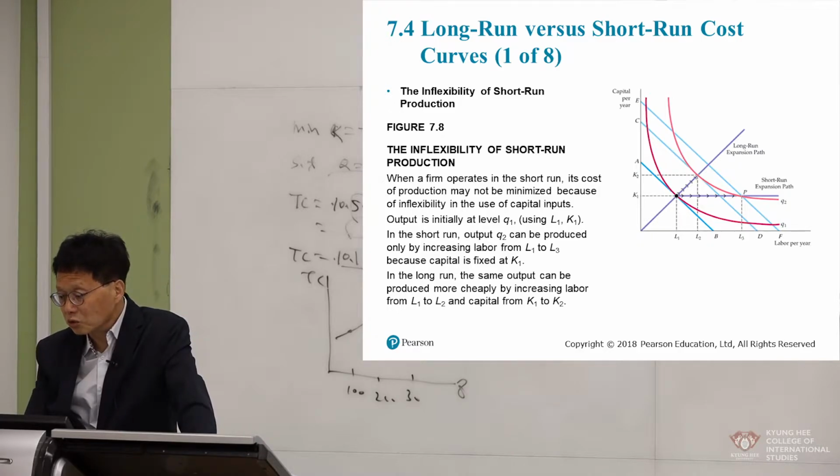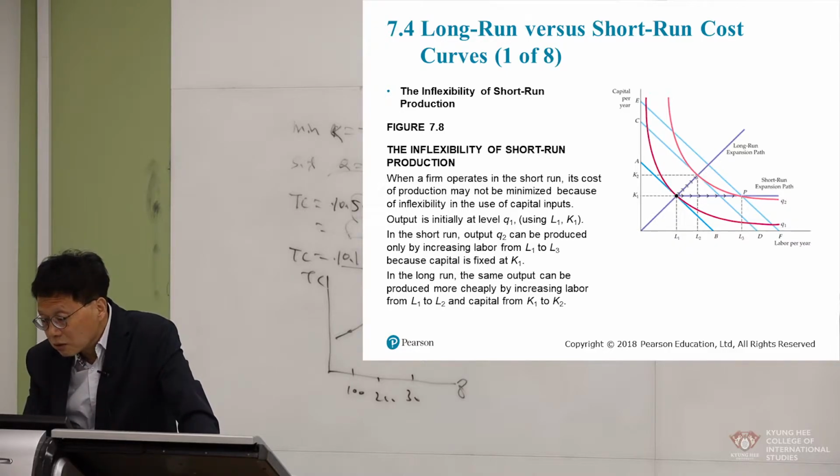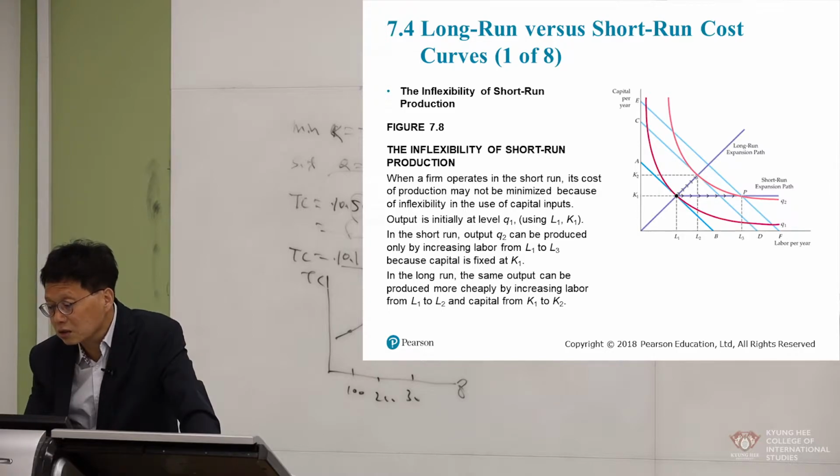Then the long-run solution should be here to produce the same 200 pence of pizza, because we can hire more capital than in the short run, right? Now, we know that the cost minimization point should be here, and you can draw the minimized isocost line tangent at this point. That is this one.